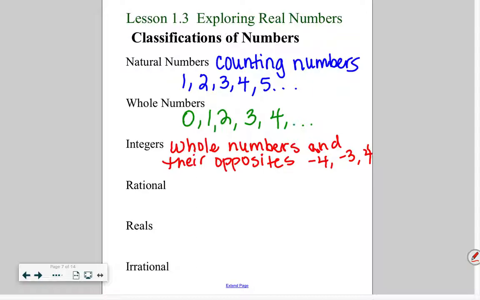Do you remember the definition for a rational number? Rational numbers can be written as a fraction.